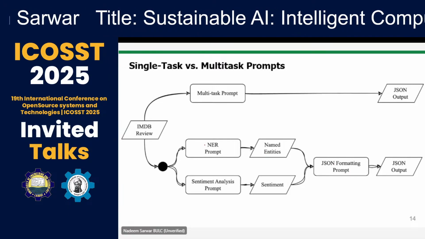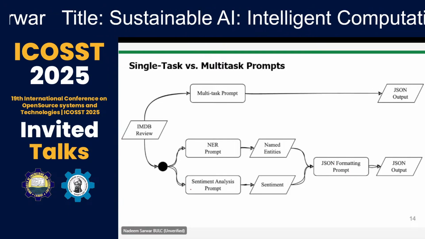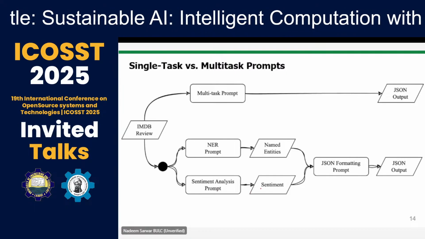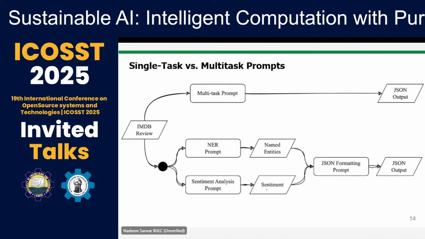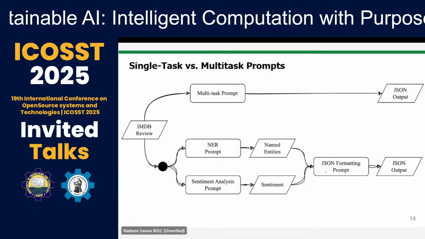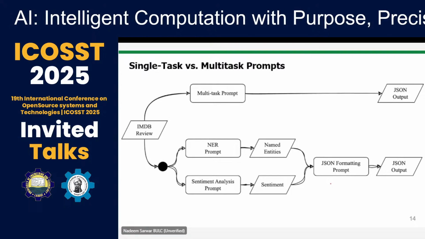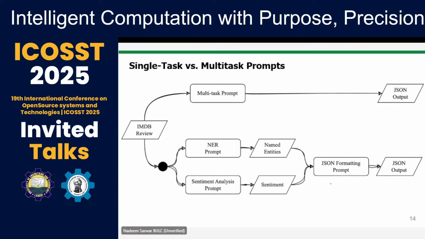The other route is the sentiment analysis prompt, which produces the sentiment, and that is passed to the JSON formatting prompt. So this is the comparison between the single task and multiple task prompts.